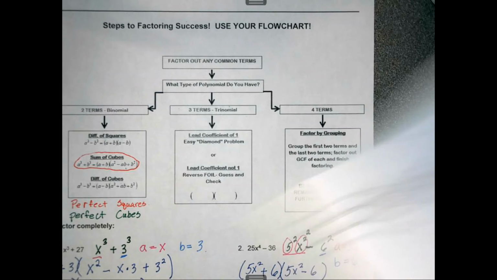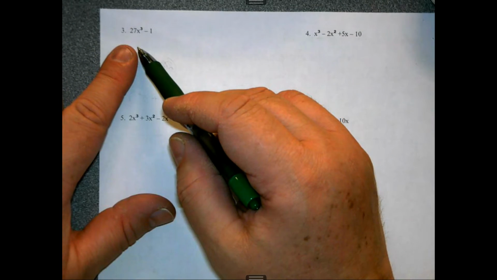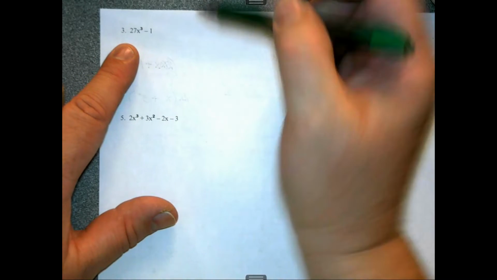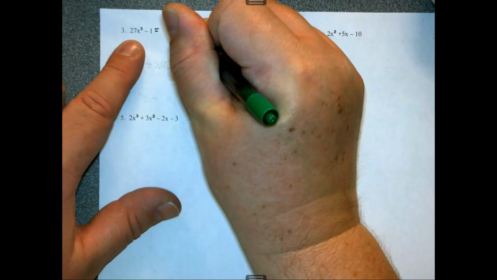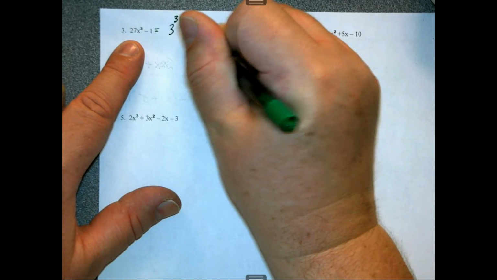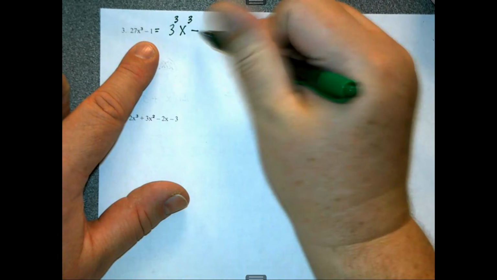All right, let's do another one. Let's go on the back of your note sheet. Again, when we follow the flow chart all the way through, we end up with a difference of cubes, right? 27 is 3 cubed, x cubed, minus 1 is just 1 cubed.